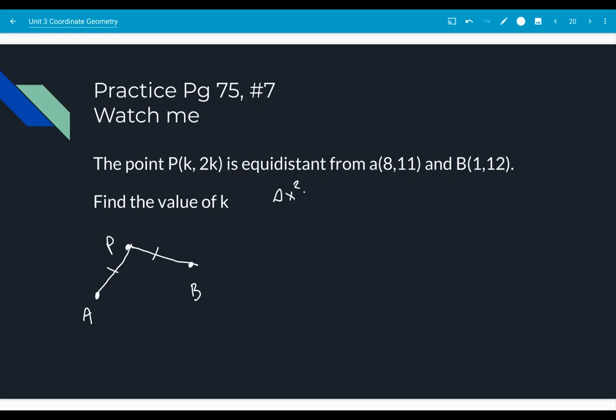So the square root of delta x squared plus delta y squared equals d. I'm going to try this method and we'll see if we get in too deep. And if we do, then we will find another way.